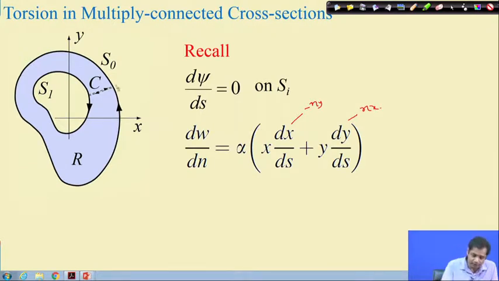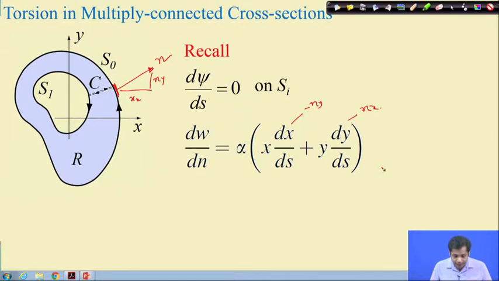Okay. If you take any small domain here, and this is your outward normal n, then this is nx and ny. So, nx and ny are related to dx/ds as this, which we discussed in the last class. So, this is how the displacement is related.